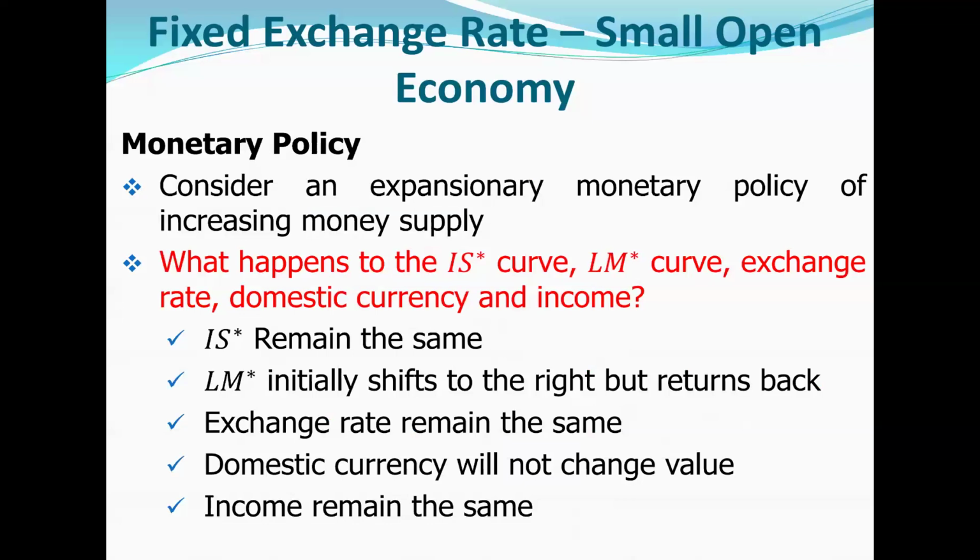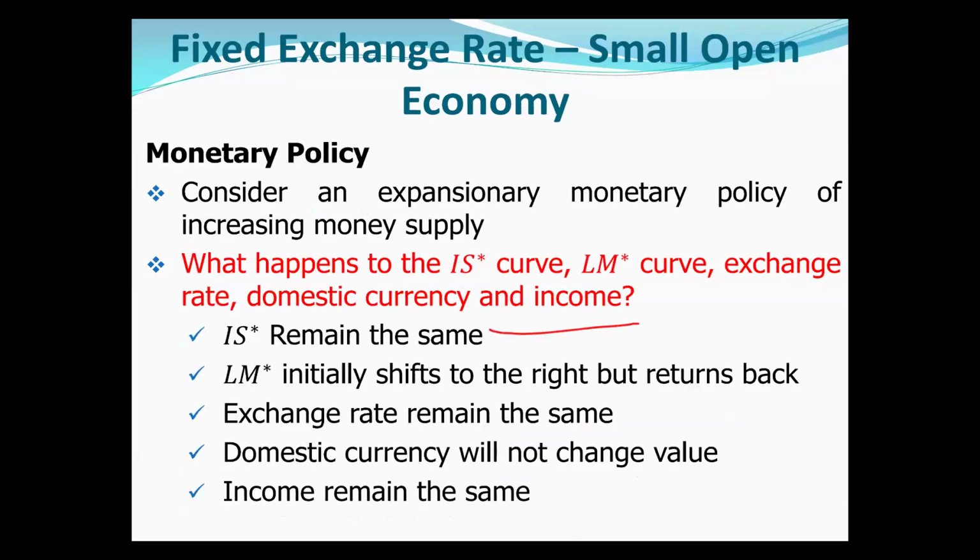Monetary policy. I've talked about fiscal policy. Now expansionary monetary policy. IS will remain the same because there is no relationship between monetary policy and the IS. LM will shift initially, then it will have to return back to normal.